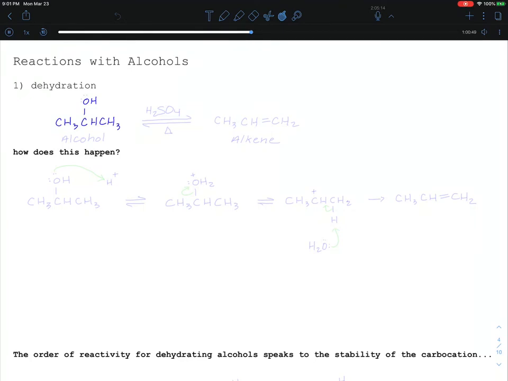If I were to protonate this, and I could just put H+, but let's be specific. Your book uses sulfuric acid and some heat. And what you're going to get out the other side is, whoa, how did that happen?